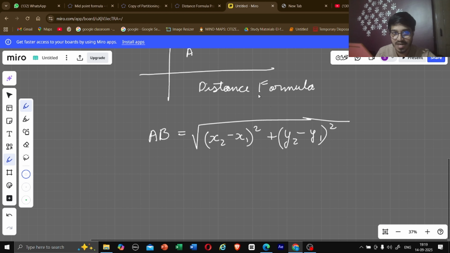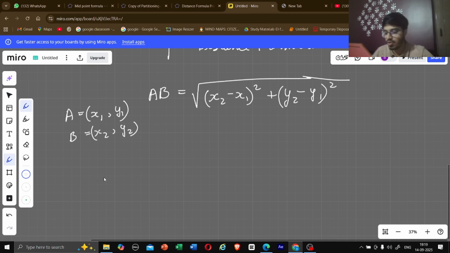Now you recalled it, right? So what is x2, x1, y2, y1? These are the coordinates of A and B. Coordinates of A is equal to x1, comma y1, and coordinates of B is equal to x2, comma y2.